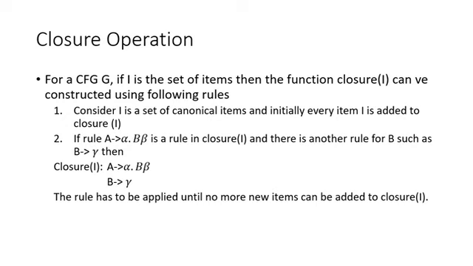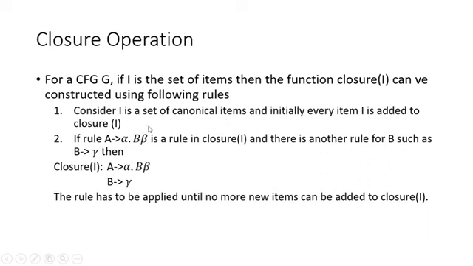Now in a context-free grammar G, if I is a set of items, the function closure can be constructed using the following rules. Consider I is a set of canonical items, and initially every item in I is added to the closure.